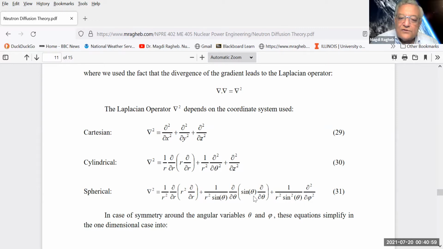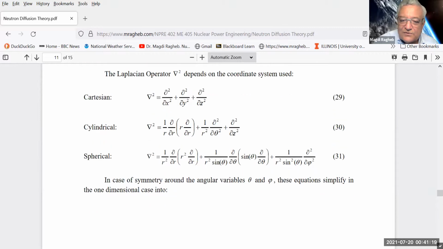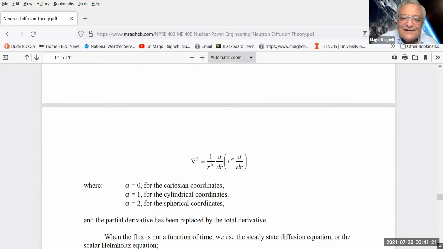For spherical geometry, that polar angle and the azimuthal angle terms simply disappear. So we are going to start by using the cylindrical geometry in solving for the power distributions in nuclear reactors, and then look at the Cartesian and the cylindrical geometry. So spherical geometry is the simplest in that case.